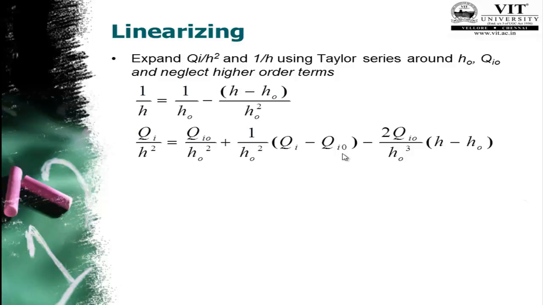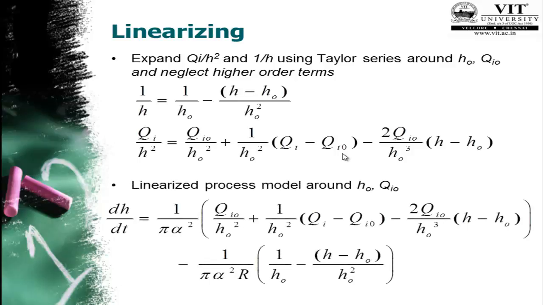Now substituting these two in our model equation, this will be the linearized process model around h naught and qi naught. You can see there are no nonlinear terms involved. We have dH by dt as a function of qi and h here.